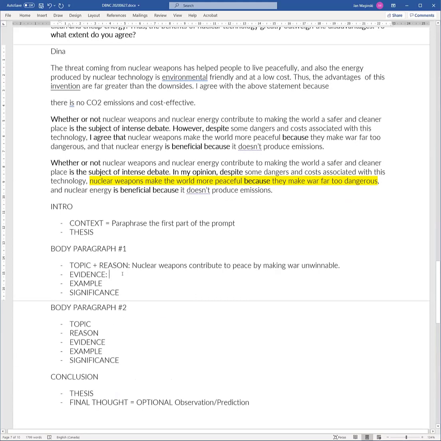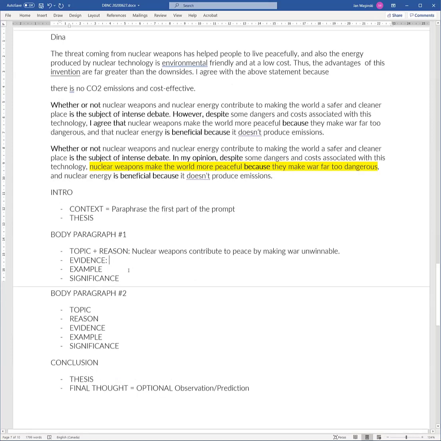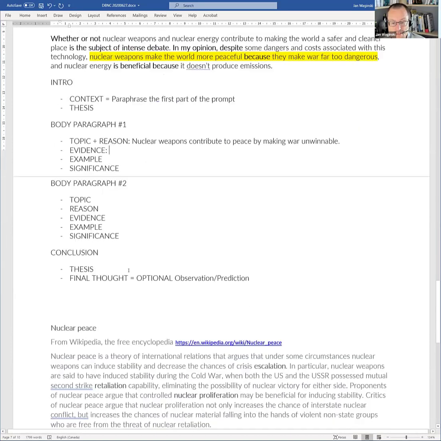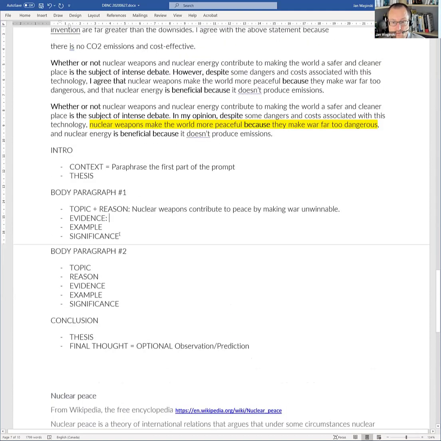Evidence. It's a research, or research conducted by... What could be an example that supports this notion?